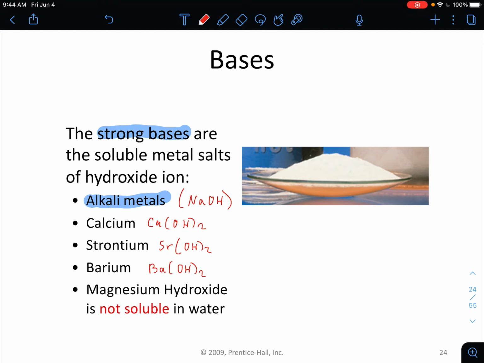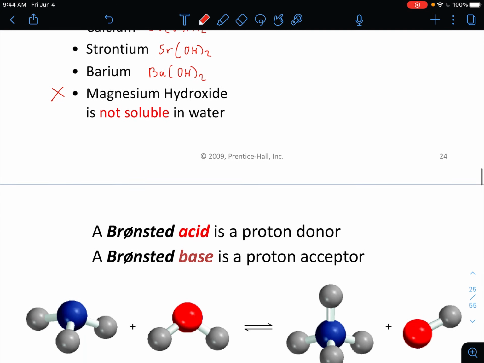Magnesium hydroxide, magnesium is also an alkaline earth metal, but when we make magnesium hydroxide, it just really doesn't dissolve in water, so we can't really gauge whether it would fit into this category of strong bases. So generally we just say the alkali metal and alkaline earth metal hydroxides, except for magnesium.